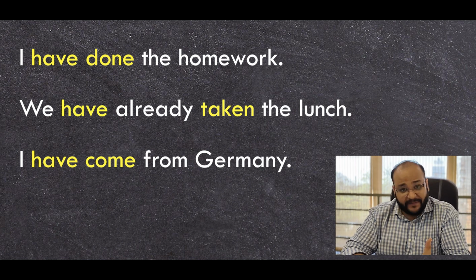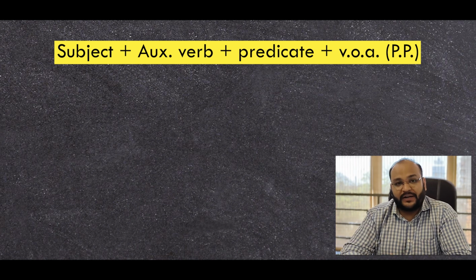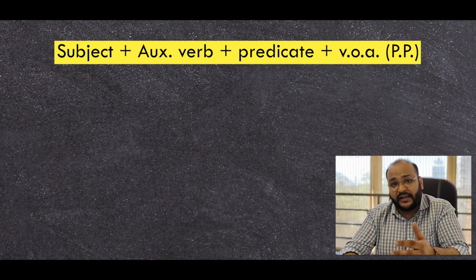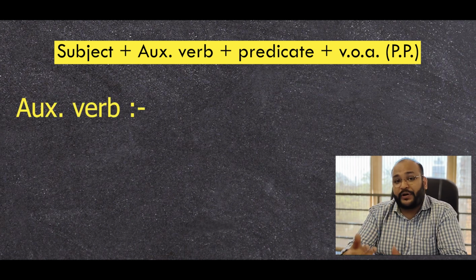So whenever we make a sentence using present perfect tense in German, the structure would be the subject plus the auxiliary verb plus predicate and the verb of action. And the verb of action will be in past participle. As the auxiliary verb, there are two possibilities.